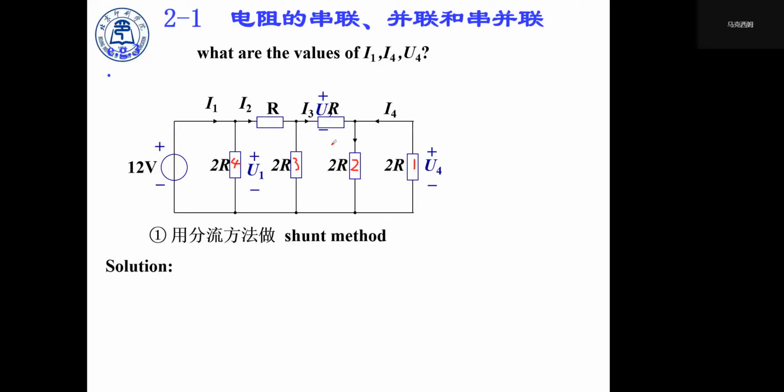And we can see that there's also a resistor 6, and its value we already see: 2R, 2R, 2R, 2R, R. That's it. And for the first solution we use the shunt method.